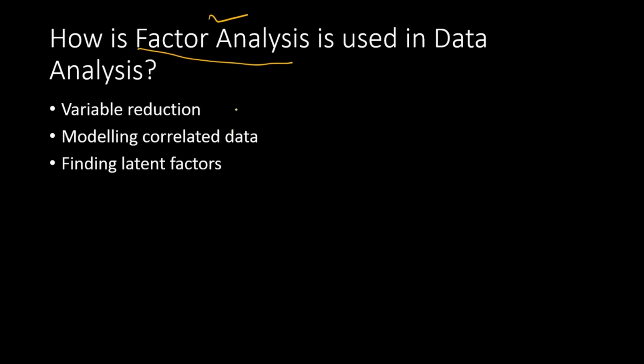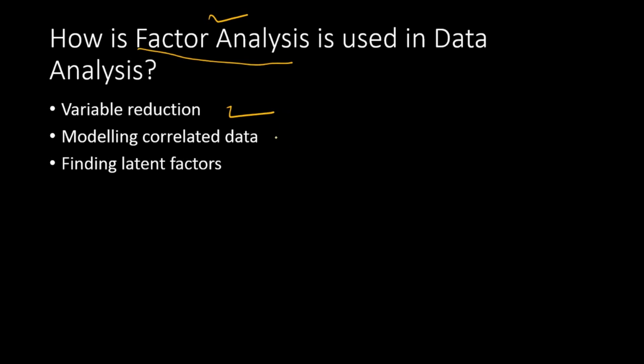One of the most important uses of factor analysis is variable reduction. If you have a large data set with a large number of variables, you can reduce to a lesser number of variables by using factor analysis.